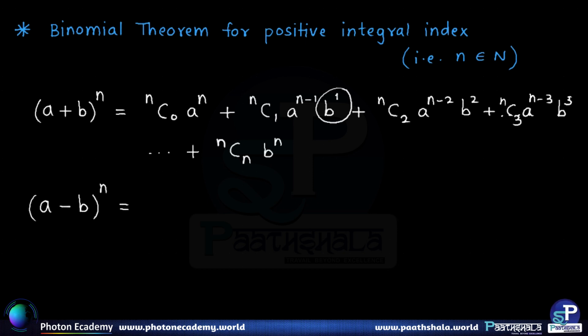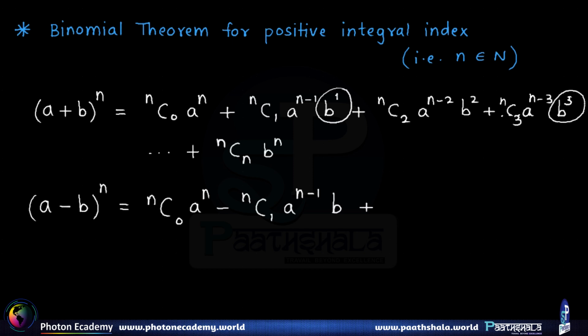So whenever we have odd powers of b, all those terms will become negative. So we have alternate terms, positive and negative, in the expansion of (A minus b) raised to n. Here are a couple of terms I'm writing for our reference.